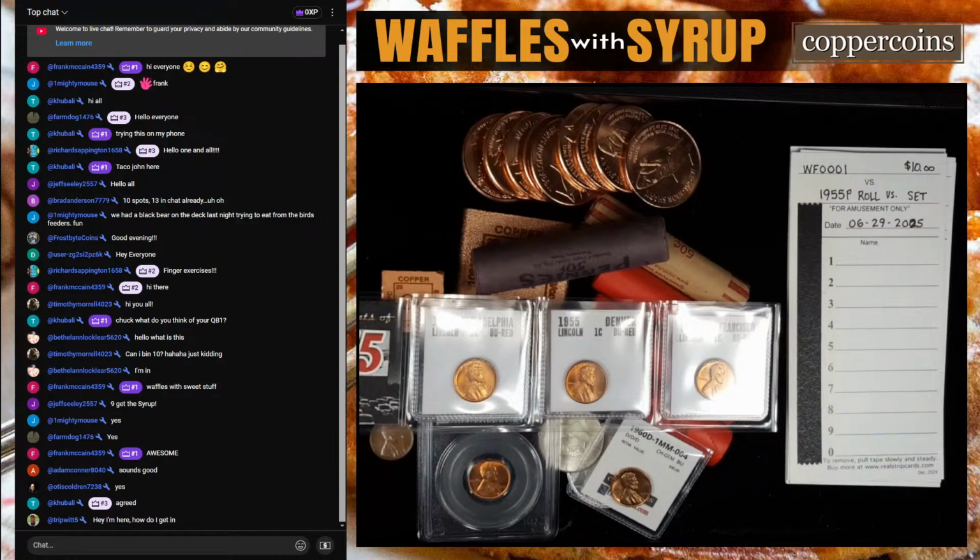So, if you want in, this is Waffle 0001. It's a 1955 Philadelphia roll. Spots are $10 per spot.